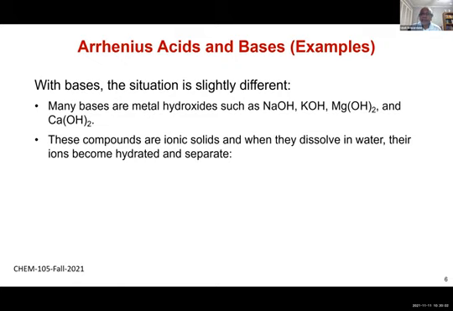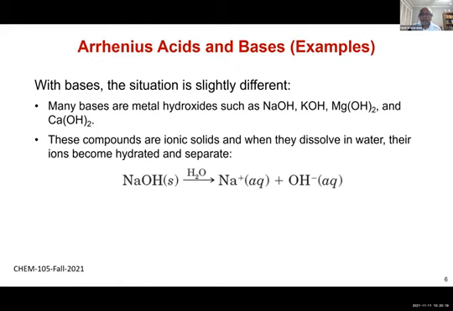There's nothing to dissociate. But they separate in water solution due to dipole-ion interaction. We talked about that, dipole-ion interaction, to produce solvated sodium ions and hydroxide ions.